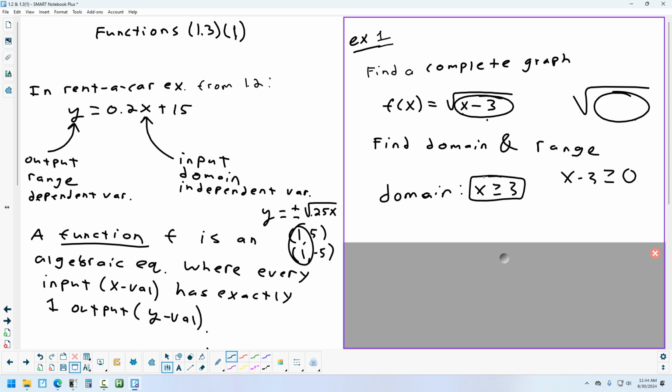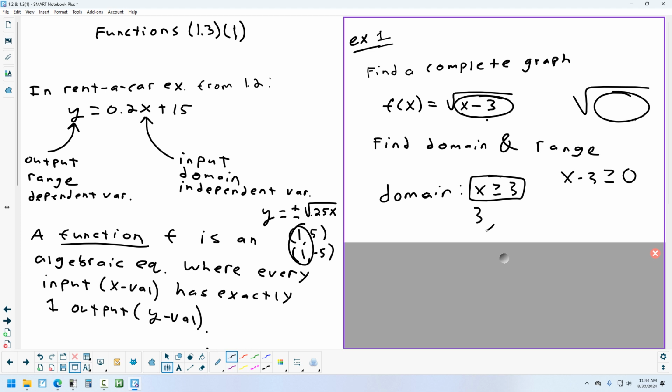If you're picking numbers greater than or equal to 3, what's the lowest number you're allowed to pick? Yeah, 3. What's the highest number you're allowed to pick? Yeah, there's no set value.